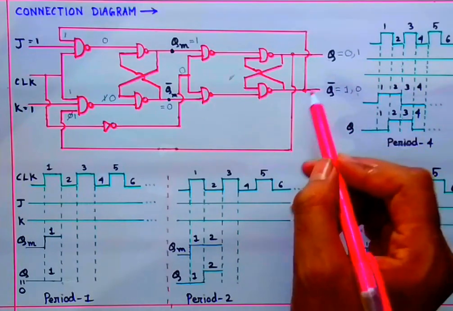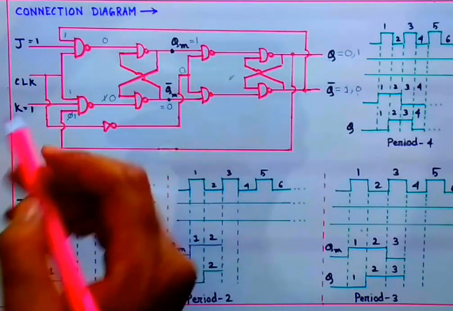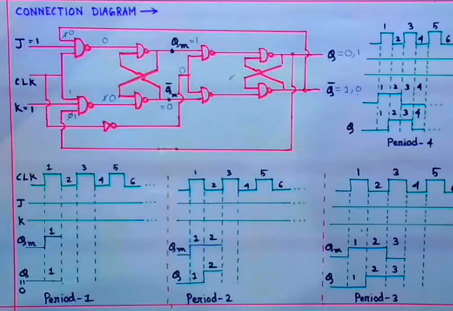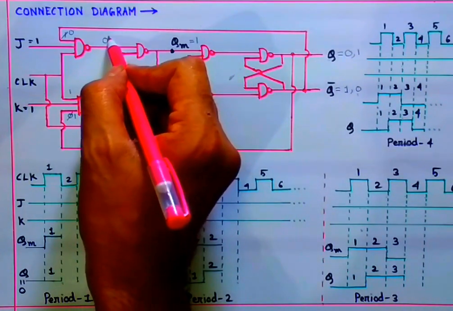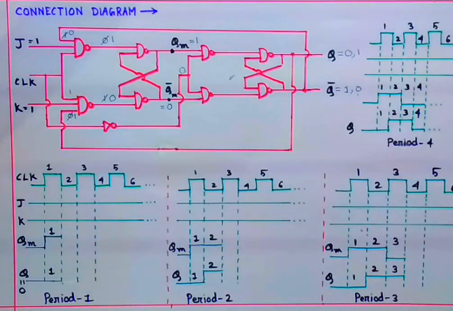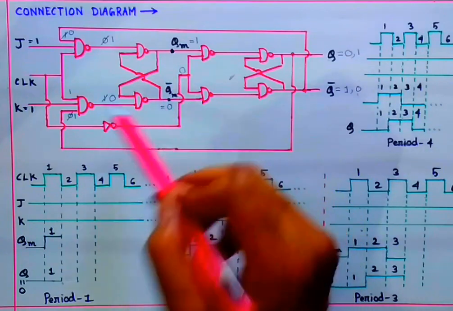And this Q bar value 0 goes to this NAND gate. That means now it is 0 and the output value is 1. So now you are giving 1, 0 to this SR latch.